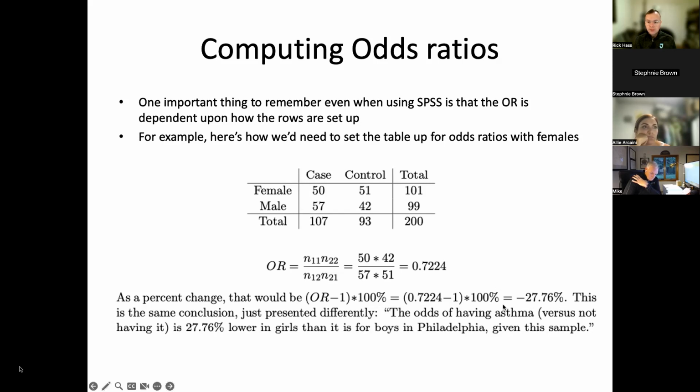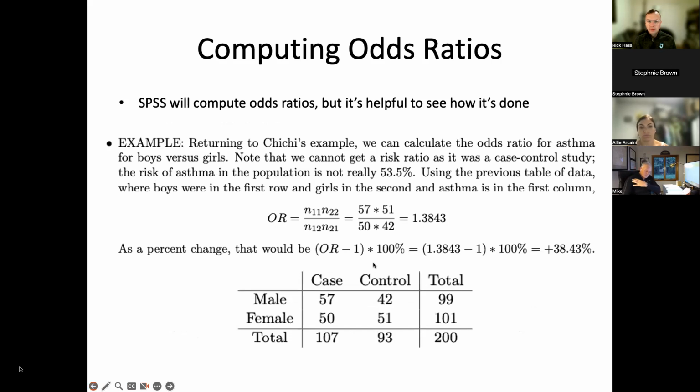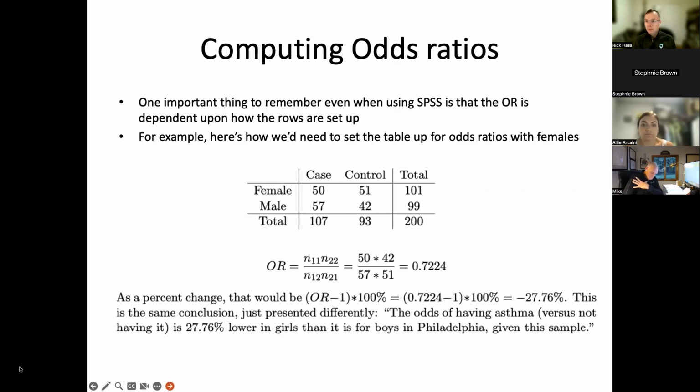Again, this is telling us the odds of having asthma versus not having it is 27.76% lower in girls, the numerator, than it is for boys. Whereas over here, we would say, right, the odds of having asthma versus not having it are 38.43% greater in males, the numerator, versus females. Okay? Same information, just presented in a different way.